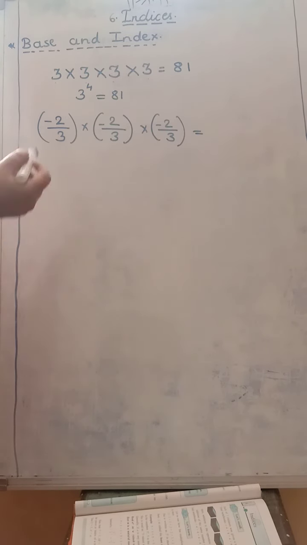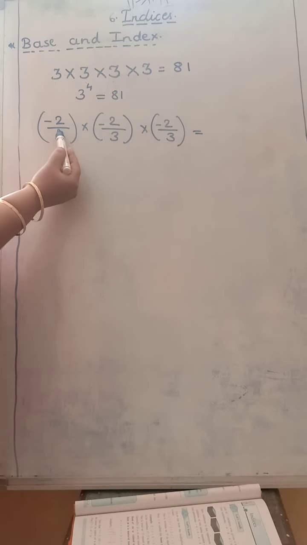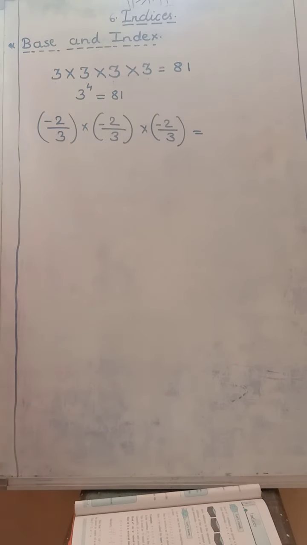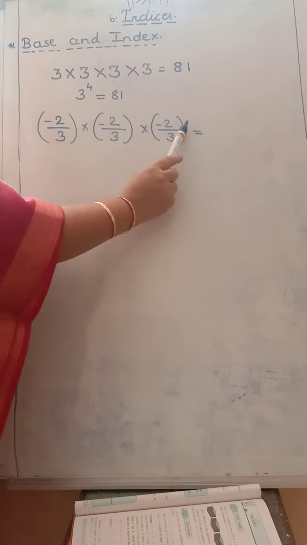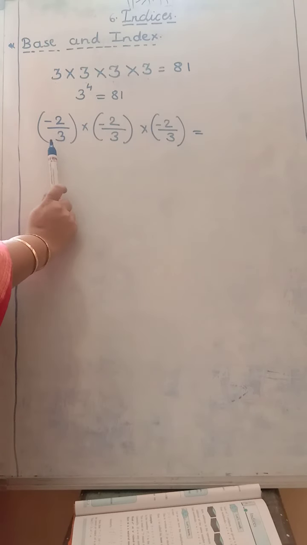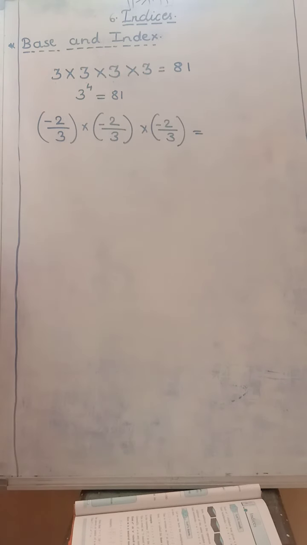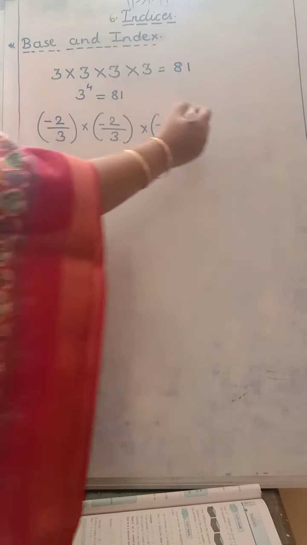Okay, now minus 2 upon 3 multiplied by minus 2 upon 3. You have learned how to do multiplication. Numerators will be multiplied with numerators and denominators will be multiplied with denominators. Now don't look at the sign. First we will do the multiplication. 2 2s are 4, 4 2s are 8.